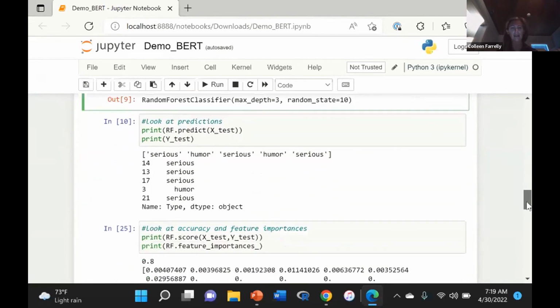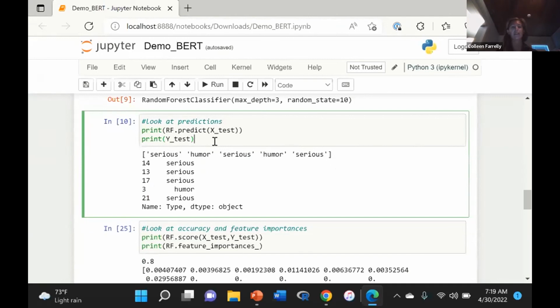And we can look at the predictions that come out of our model. We predict the poems in our test set to be serious, humorous, and serious. By looking at what the actual values are, we can understand where the model might be missing some of our classifications.